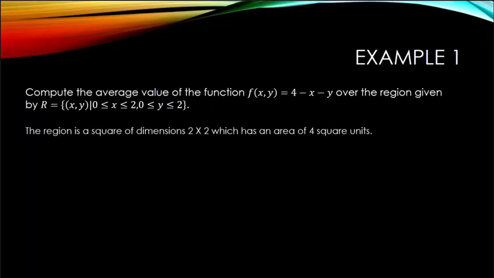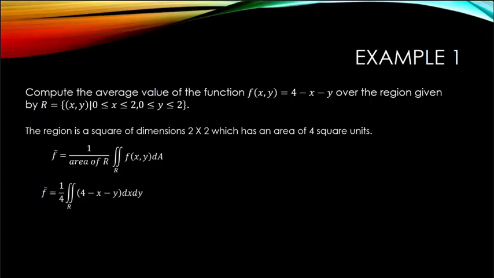The region is a square that has dimensions 2 by 2. This gives me an area of 4 square units, so that the average value of my function, 1 over the area of R times the double integral over the region R of f of xy dA, becomes 1/4 times the double integral over the region R of 4 minus x minus y times dx dy.